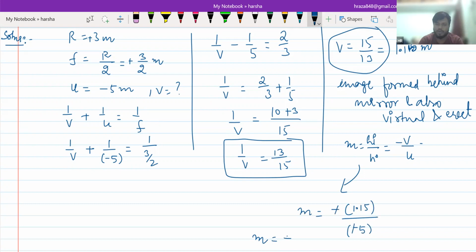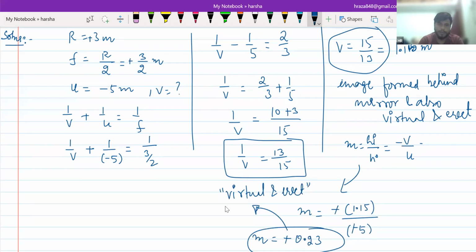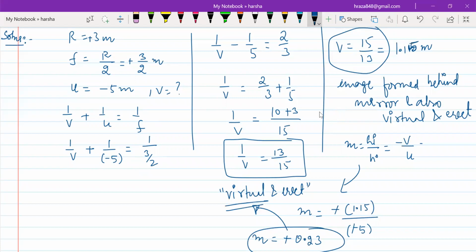M is basically positive, 1.15 divided by 5, that is 0.23. So this positive sign tells us that it is virtual and erect. Yes, sir. Okay, please note it down. It is very important.